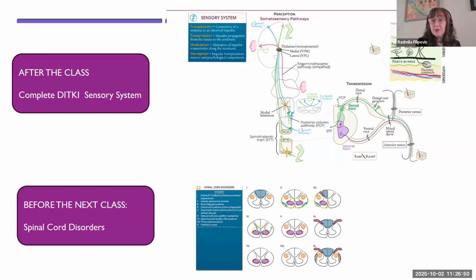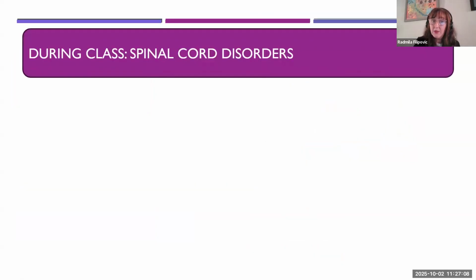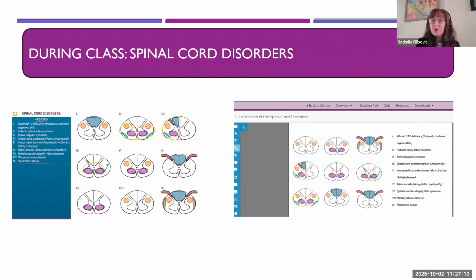Disorders are, of course, pretty difficult sometimes. In spinal cord disorders, you have here 9 cases. But for the undergraduates, I would pick a couple of cases that are easier to understand, and then during class, focus on these cases and explain the pathology.